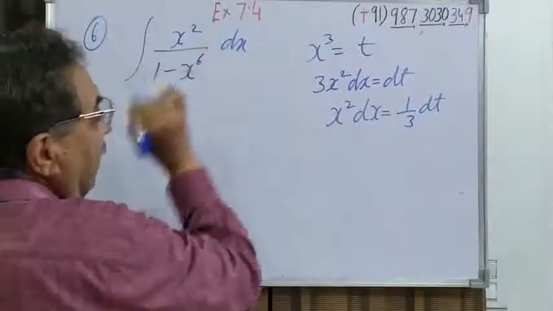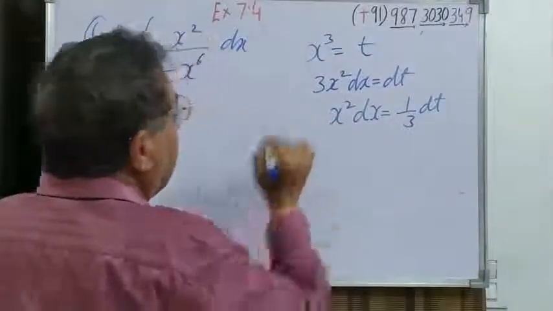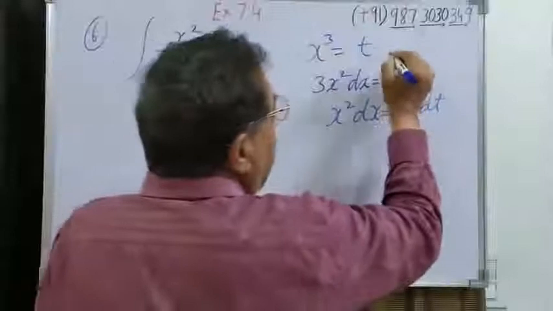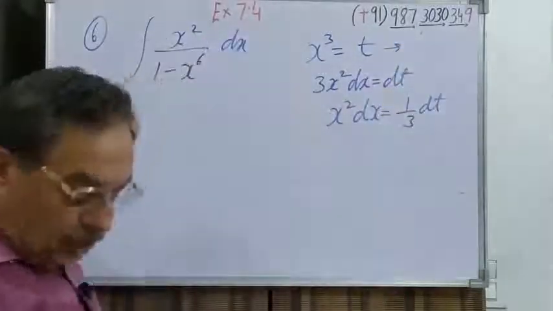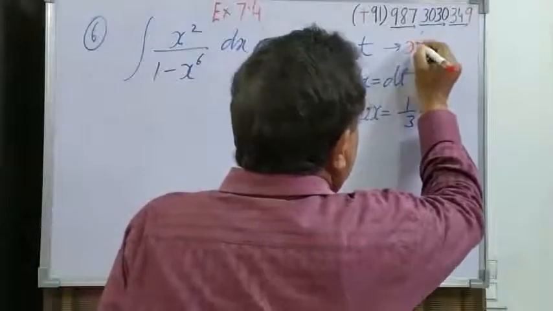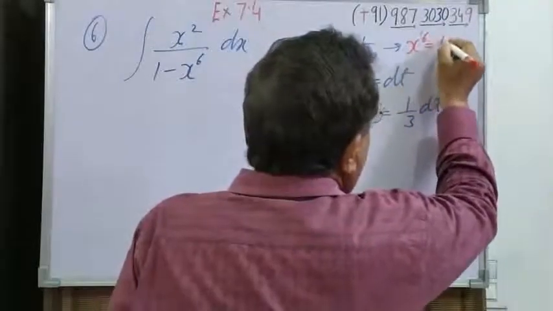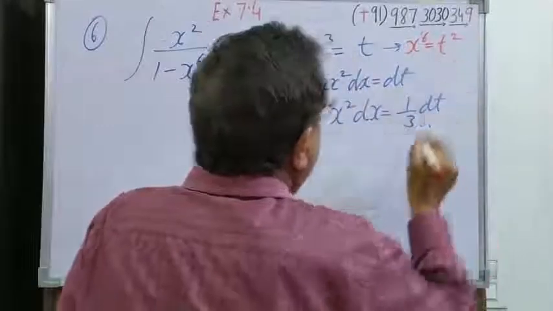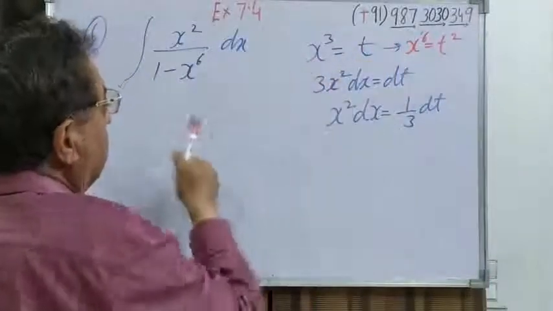Squaring both sides, x to the power 6 is equal to t square, so for x6 I can put t square.